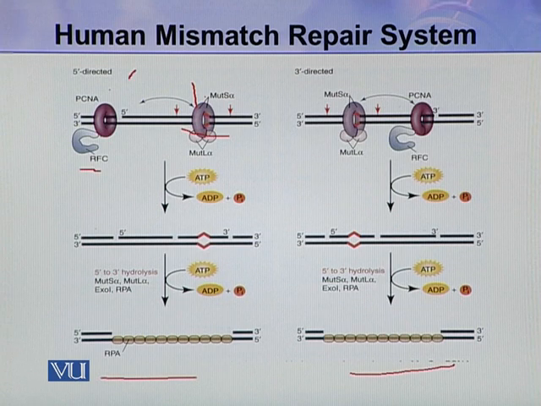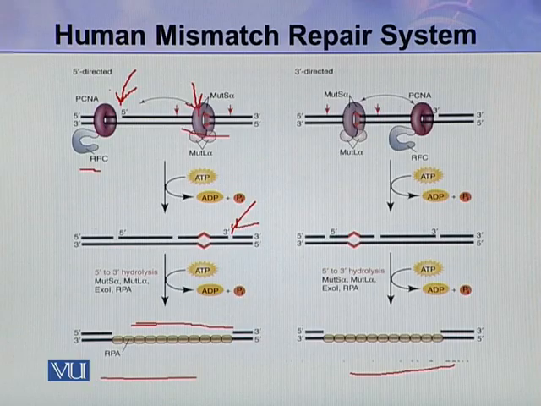So this nick is present on the 5' side of the mismatch. Actually the mismatch is here. So the nick is on the 5' side, and this is the new nick on the 3' side. Then in the presence of MutS alpha, MutL alpha, Exo1 and RPA, this strand which was present here and which contained the mismatch has been hydrolyzed.